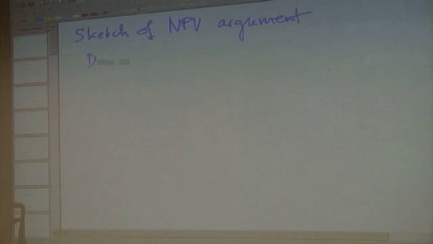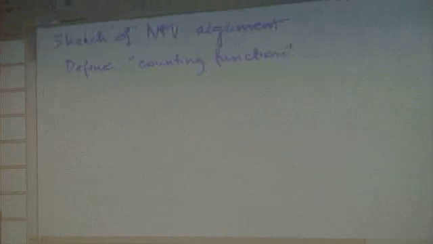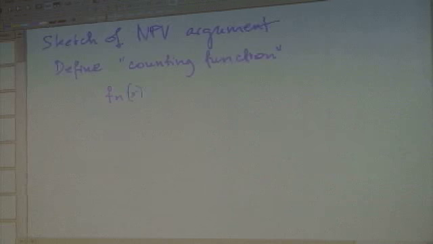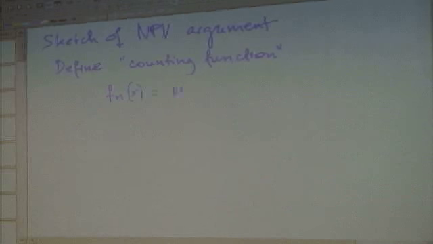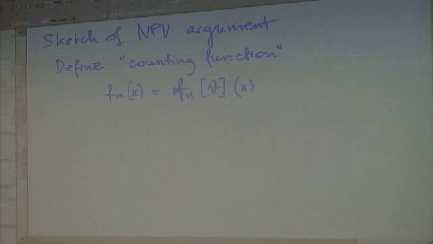a counting function, which I'm going to call fn of x, or more precisely, it's going to be fn of theta and of x, because it depends both on x and on the angle of the projection.